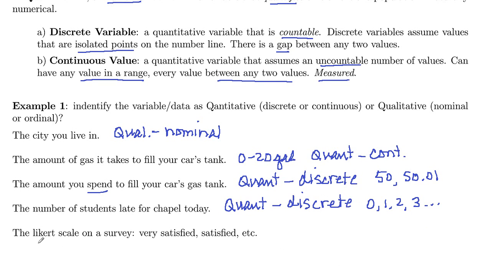And then the last one, a Likert scale in a survey: very satisfied, satisfied, neutral, unsatisfied, very unsatisfied. Well, those are categories there. They're not numerical, so they're going to be qualitative. But they do have a natural order to them. Very satisfied would be better than satisfied, which is better than neutral. So this is going to be qualitative ordinal. They have a natural ordering.